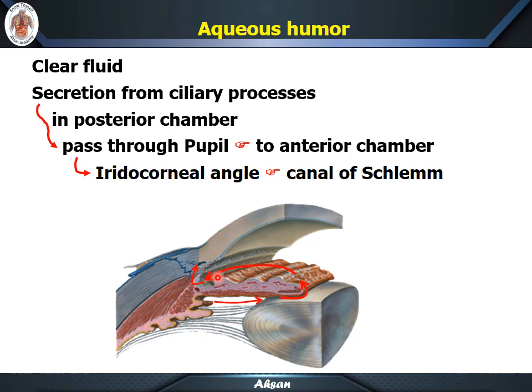This is the limbus, and here this is the iris and cornea. This angle is the iridocorneal angle, and at the limbus there is a venous channel called the canal of Schlemm. So fluid passes through this to the venous area and returns back to the blood circulation. It's like lymphatics.